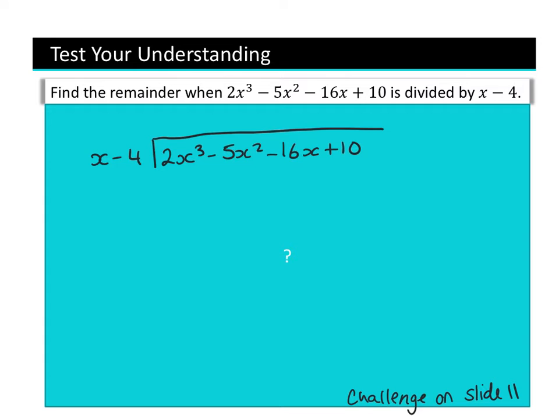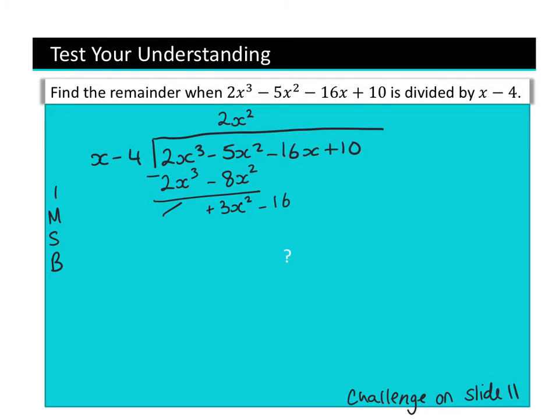So we're going to write down the most important thing we need to know. Then how many x's go into 2x cubed? It is 2x squared. Multiply, so we're going to get 2x cubed minus 8x squared. Subtract, these are going to cancel. Minus minus is a plus, so minus 5 plus 8 plus 3x squared.